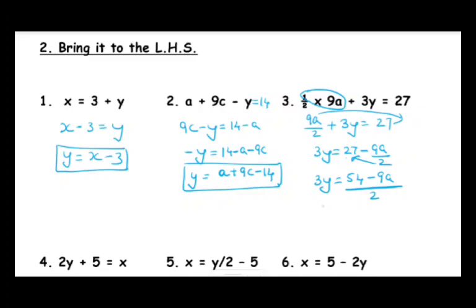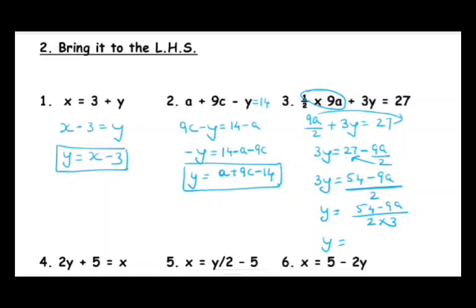Alright, so here now I leave y over here. 54 minus 9a upon 2 into 3. I haven't multiplied this as yet, children, for some obvious reasons you will find out.